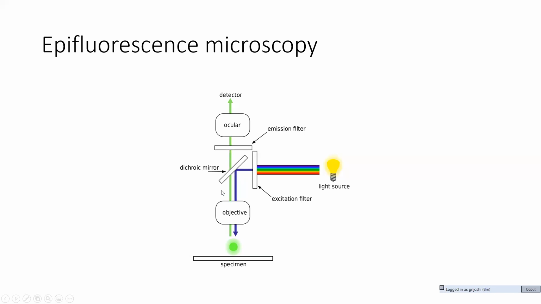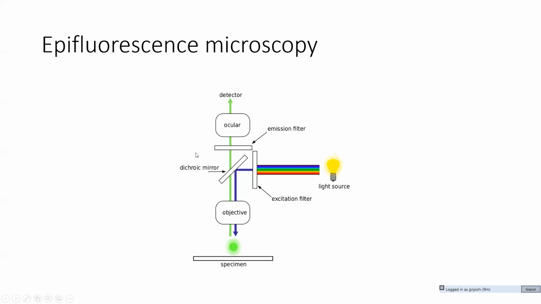The dichroic mirror also acts as a long pass filter, which means that if the long pass filter is 500 nanometer, it will allow all the light from 500 nanometer upwards to pass through the mirror. So all the light which is 500 nanometer and longer will pass through the mirror towards the ocular or to the camera. So either you can see through the eyepiece or through a detector, for example, a camera.